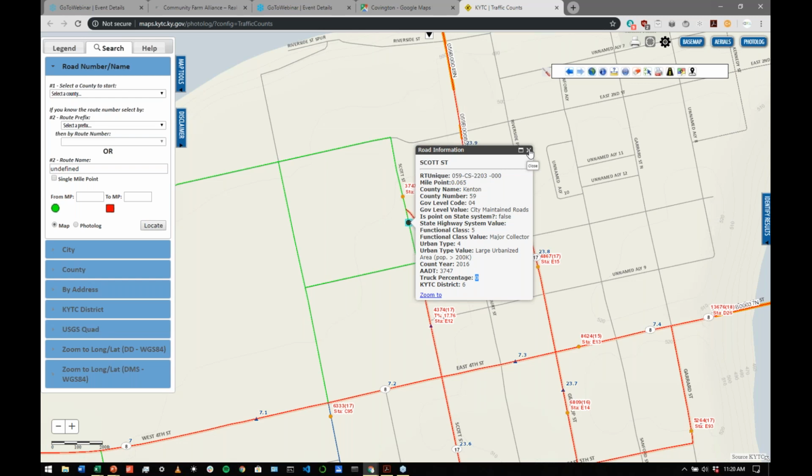It is a major business district right there, so their average daily traffic is probably higher on the weekdays than on the weekends. But this is a data point that you can build off of. So it's useful to have.